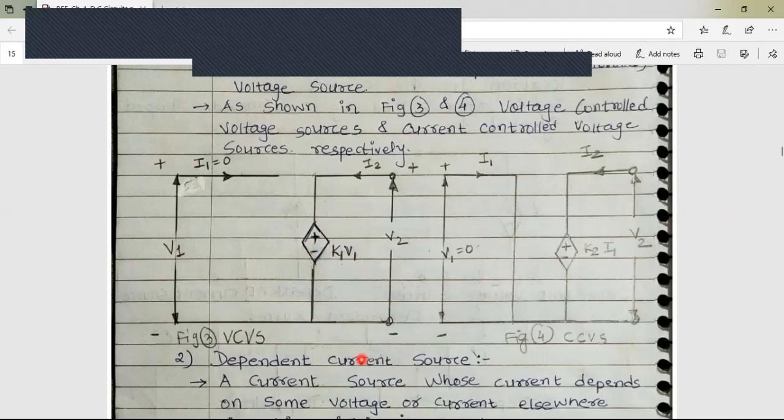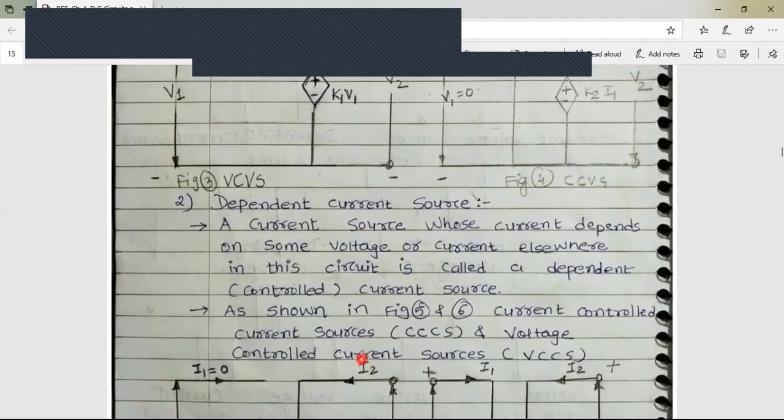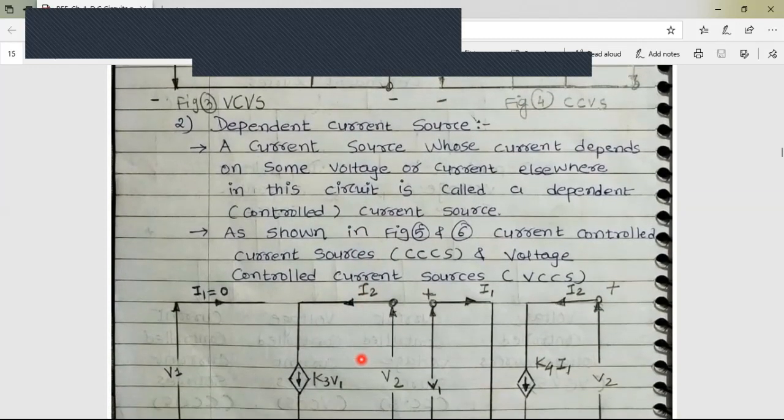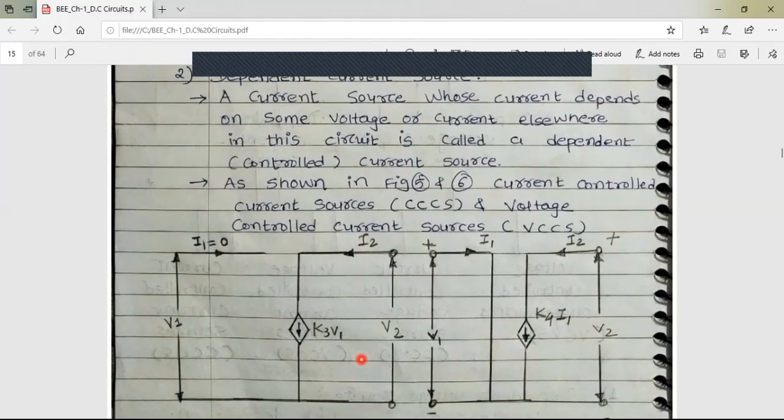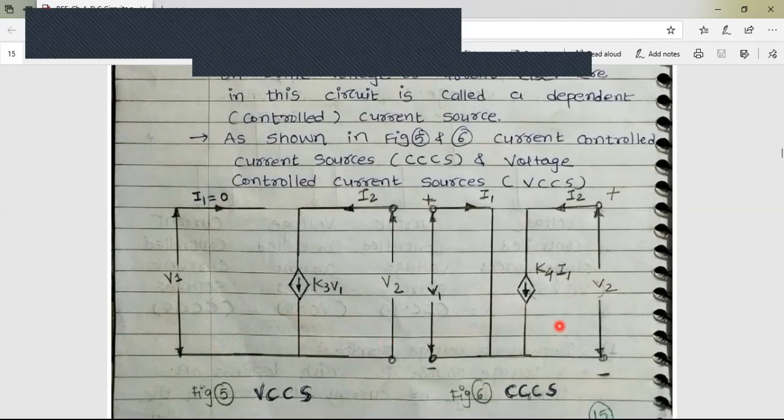In the same way, now we will move towards the dependent current sources. Again, they are classified into two types. See here, these two are current sources. This is a voltage controlled current source and this is a current controlled current source. In this case, the symbol represents a current source, but it depends on a voltage in the same circuit.